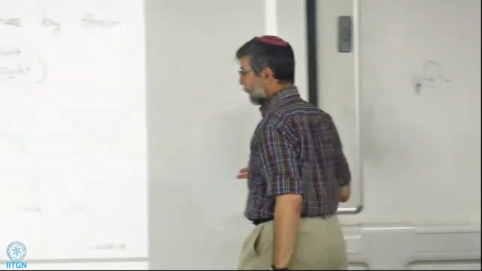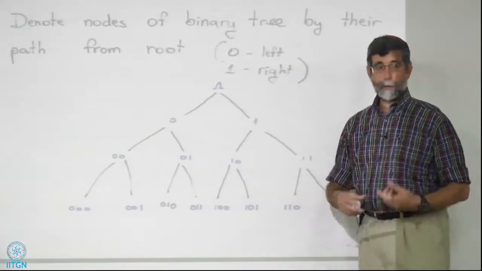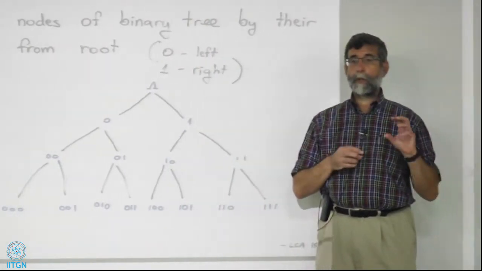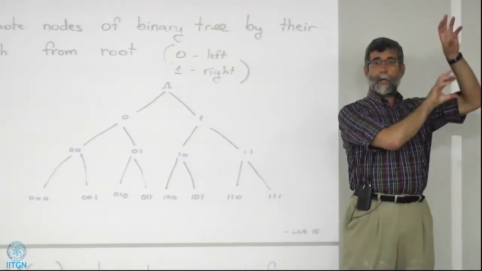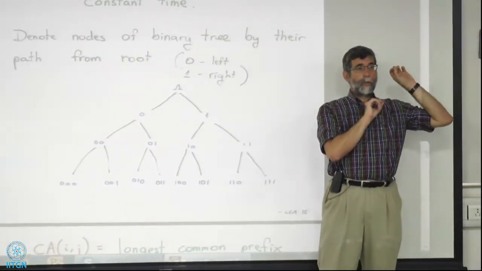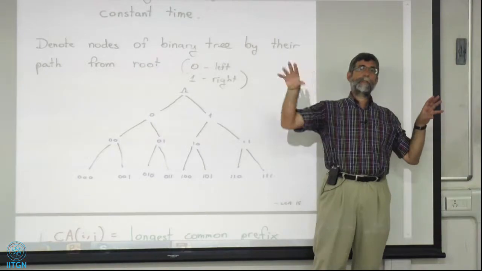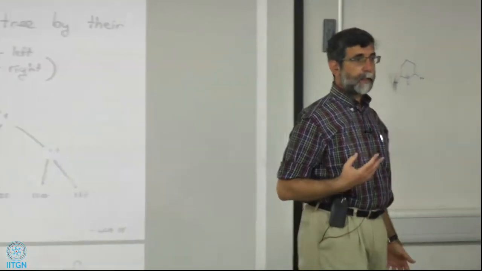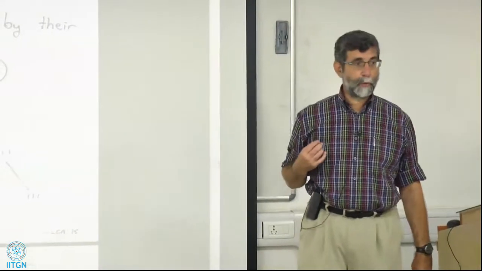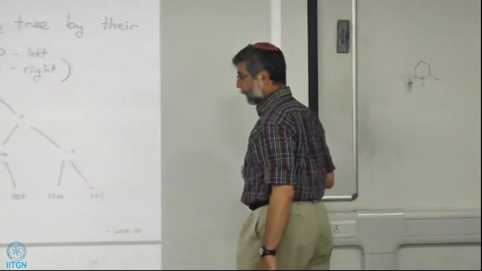Since all of these are sequential numbers, you can have these lists of pointers. So you compute the number, you go to the pointer, and smack, you're on the LCA. Not a big deal. Everything is going to be O of 1 once you compute the longest common prefix.